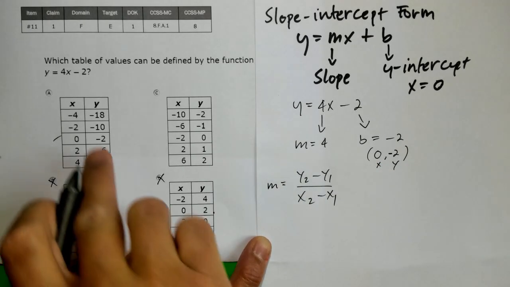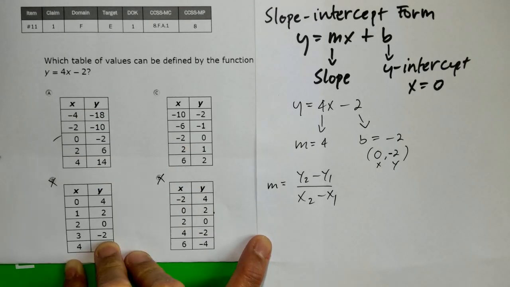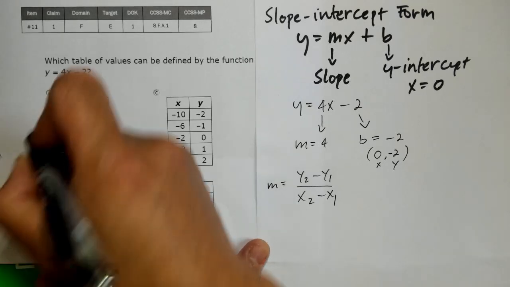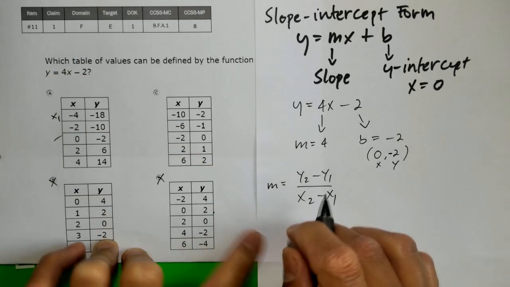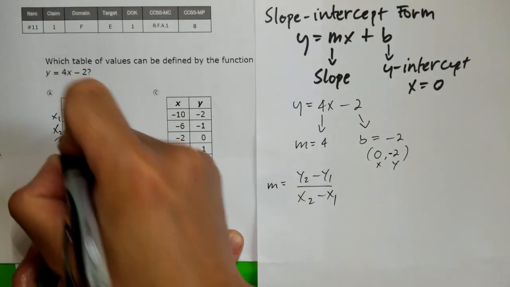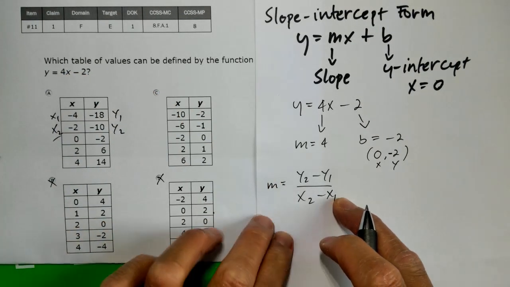You can choose any ordered pair on this table to solve for the slope. So I'll just use the first two. Let's say this is my first x, my first y, second x, and then my second y. I will simply apply the formula. So let's do it.